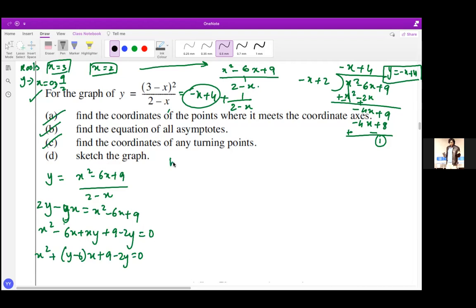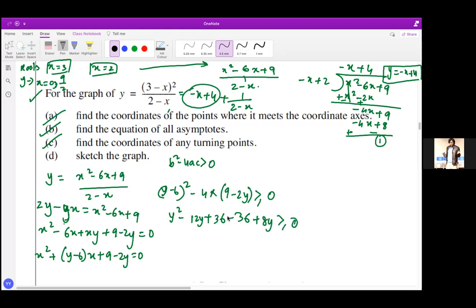So now you do b squared minus 4ac greater than or equal to 0. So (y minus 6) the whole squared minus 4 times (9 minus 2y) greater than or equal to 0. You open up the bracket, you get y squared minus 12y plus 36 minus 36 plus 8y greater than or equal to 0.